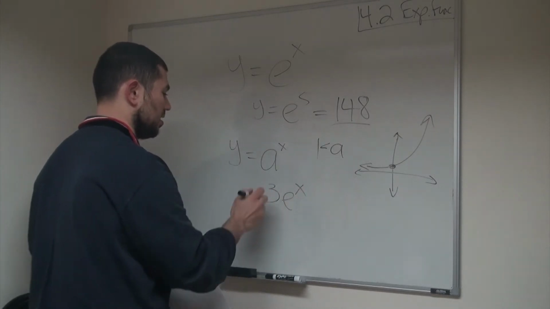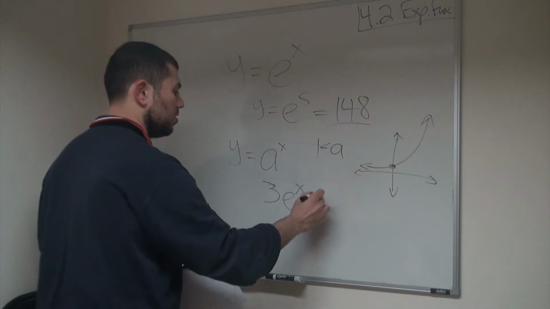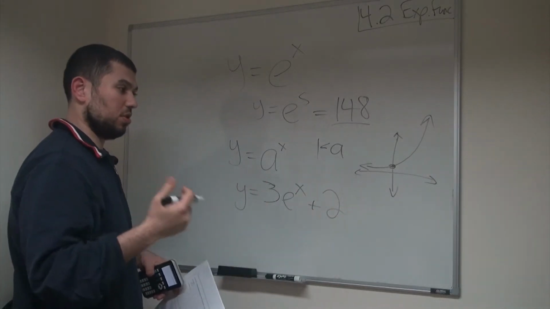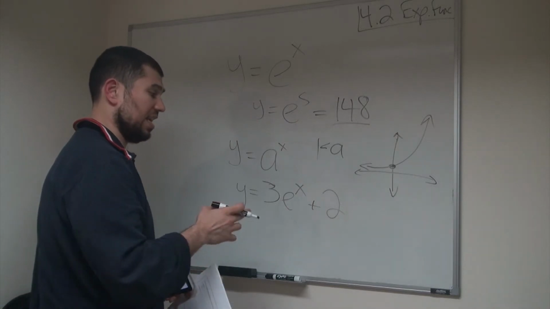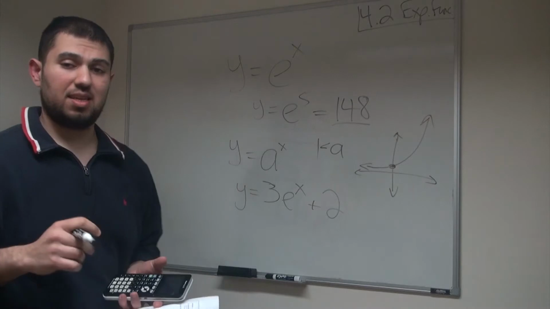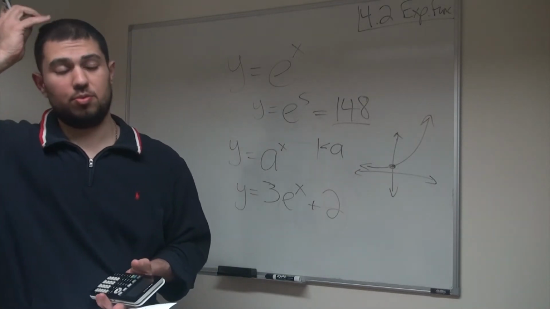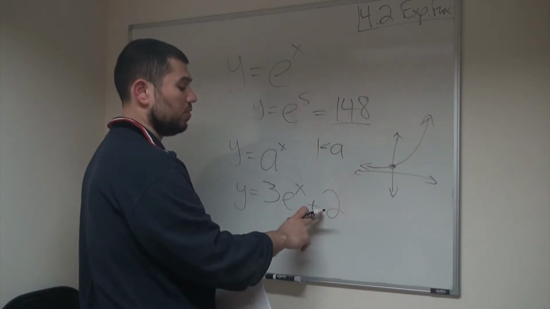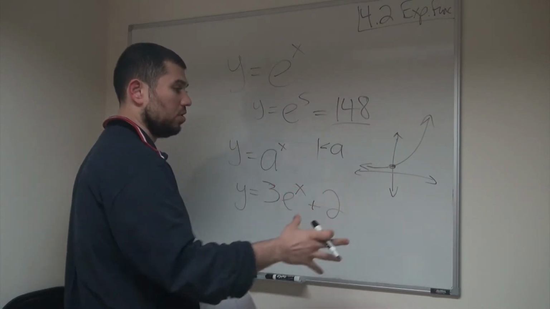the graph of y equals 3e to the x plus 2 should have a similar shape. Since we're multiplying e to the x by 3, it's like saying we're vertically stretching the graph because we're multiplying the outputs by 3. We are also doing a vertical shift plus 2.